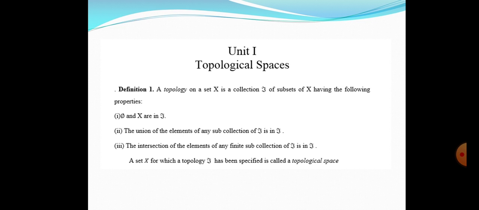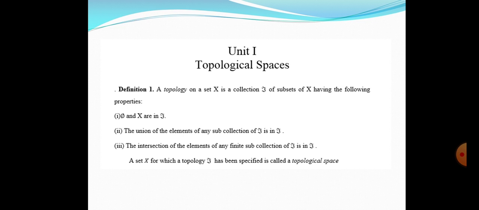The second property is the union of the elements of any subcollection of tau is in tau. Third property is the intersection of the elements of any finite subcollection of tau is in tau. A set X for which a topology tau has been specified is called a topological space. What is topology? If these three conditions are satisfied, then it is called a topology.